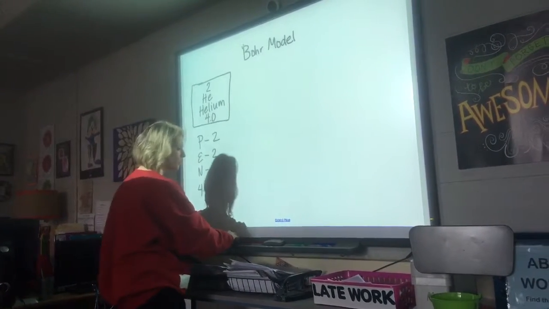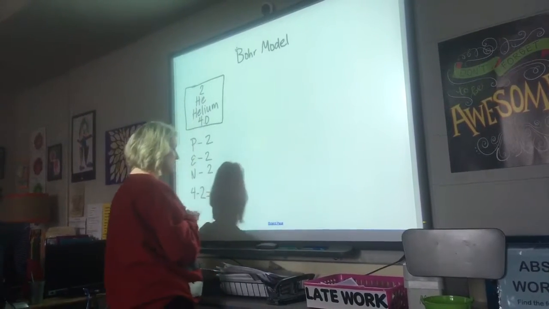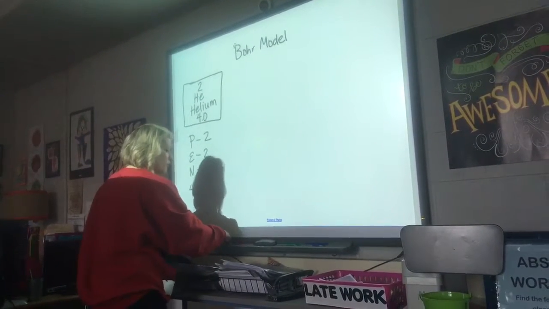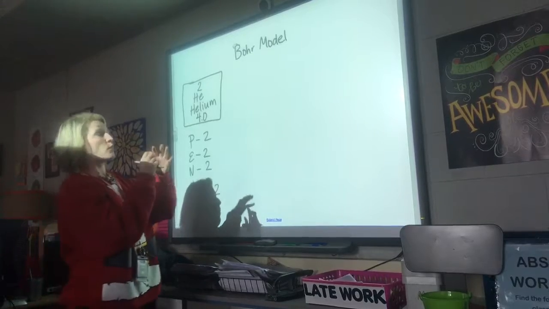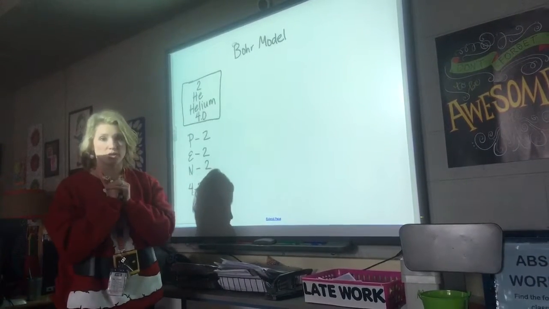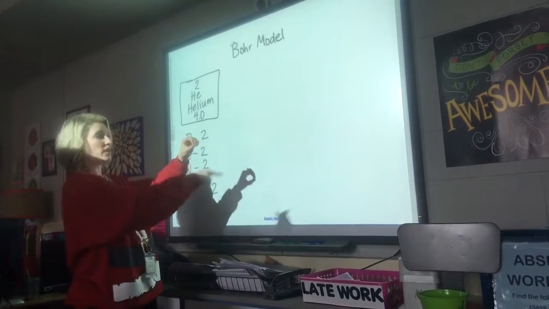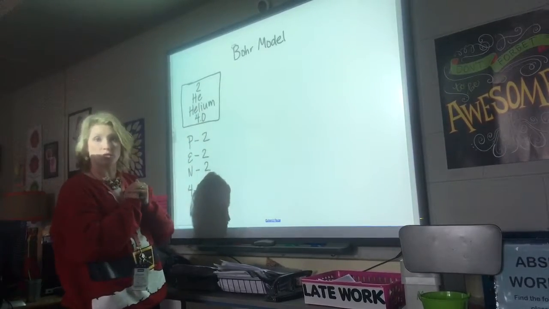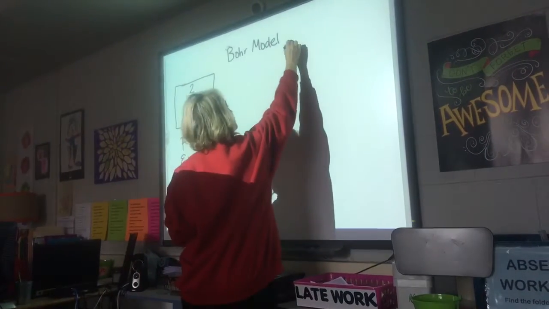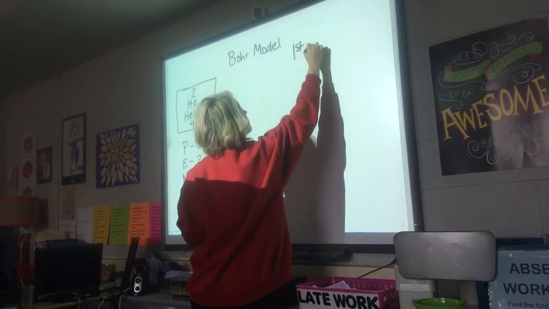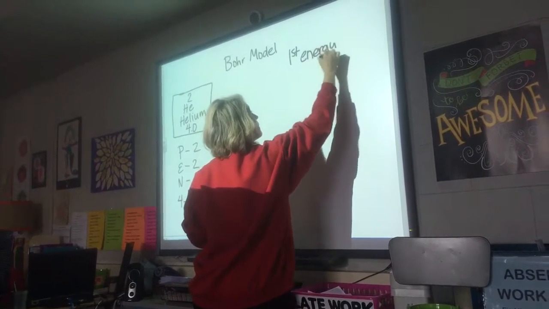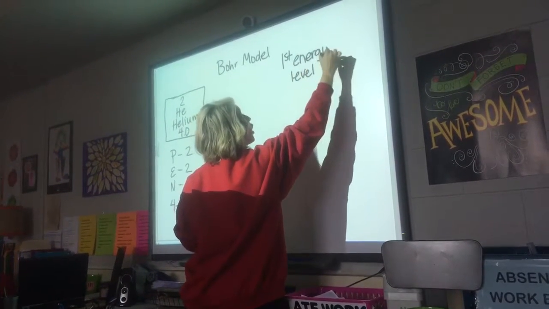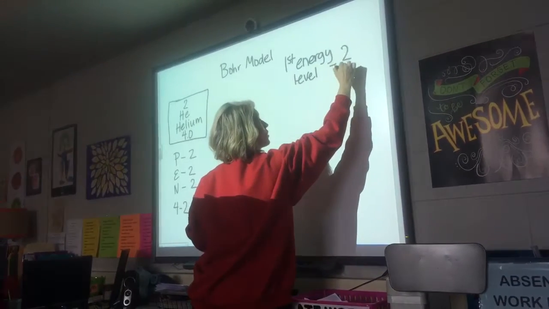So our Bohr model is going to represent just our electrons. To understand the Bohr model, we are going to look at the first 3 energy levels, where the electrons, remember, orbit around the outer part of the nucleus. The first energy level can hold a max of 2 electrons.